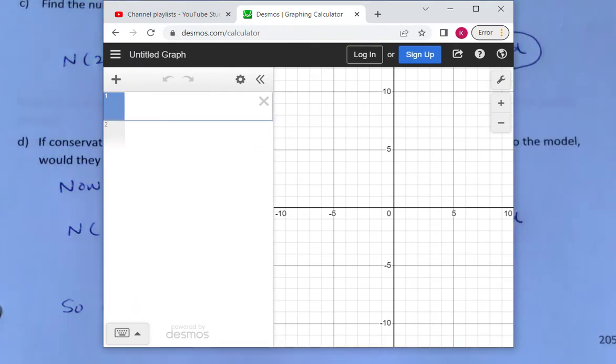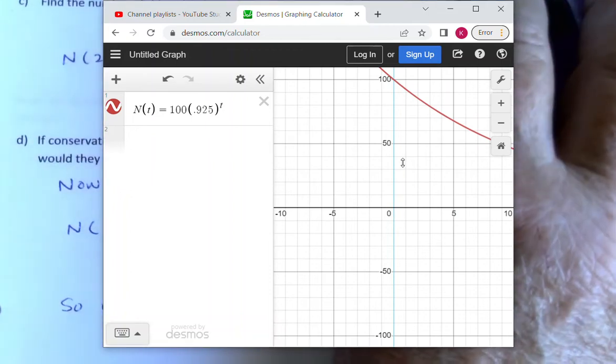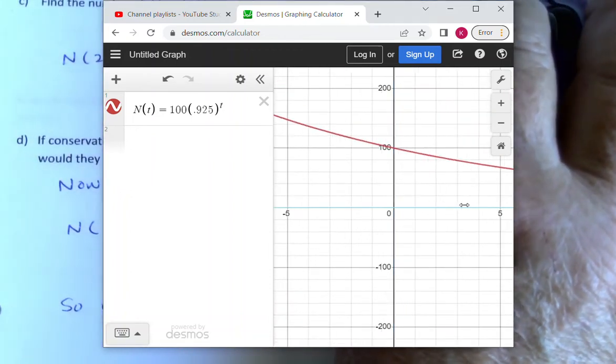If I put my function in, n of t is, excuse me, I forgot my 100, 100 times 0.925 to the t power. And let's see, we're going to need a pretty large window here. So let me expand this a bit and expand this a bit.